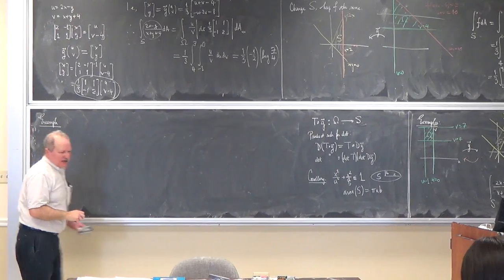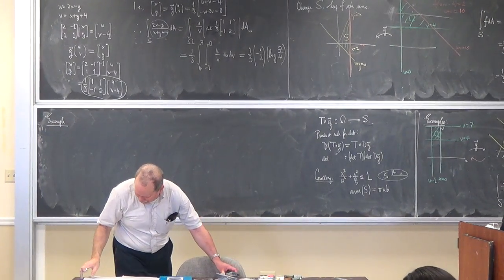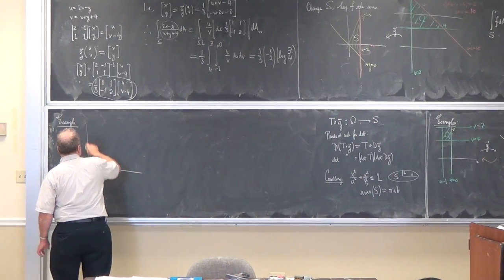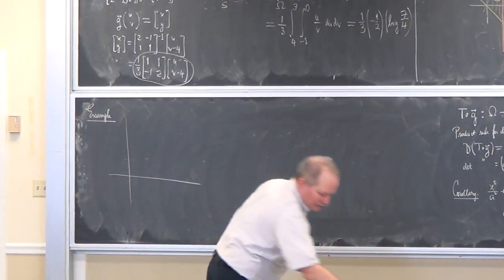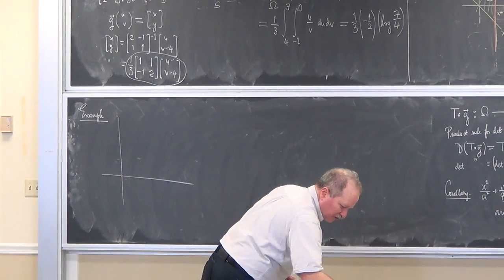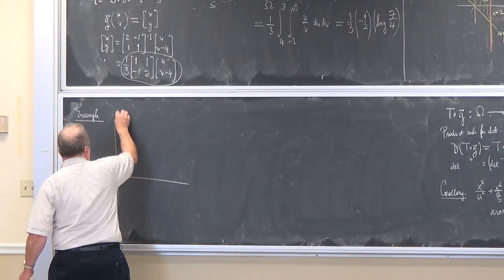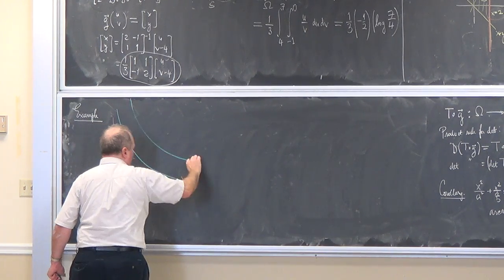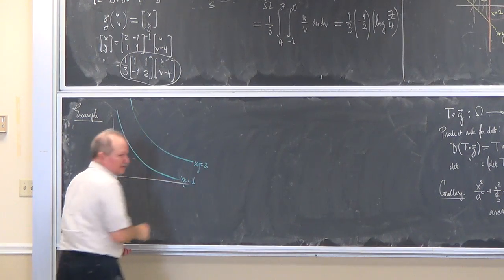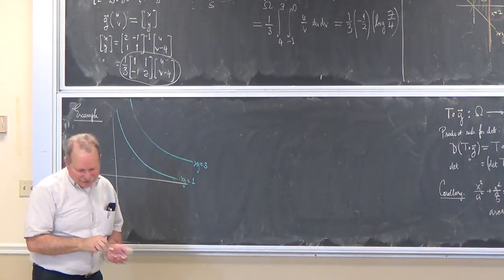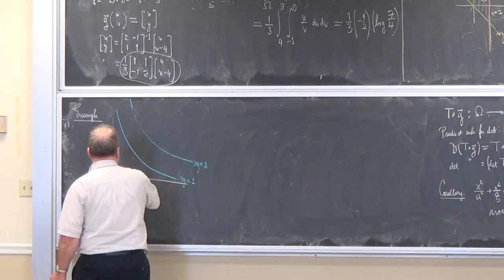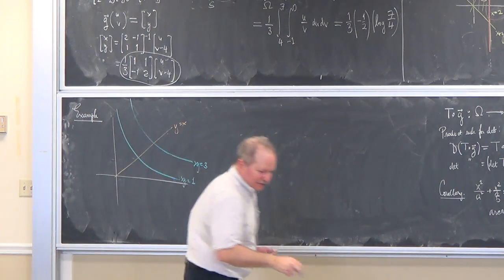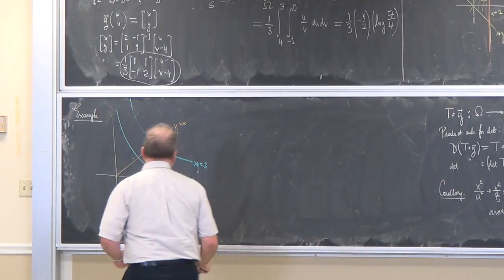So here is a more complicated looking problem. I'm bored with the way I've been doing colors, so I'm going to do a different coloring scheme here. xy equals 1, xy equals 3, y equals x, and y equals 2x squared.